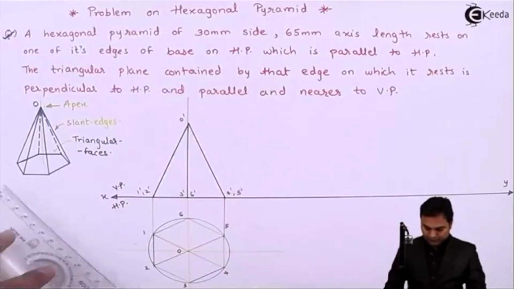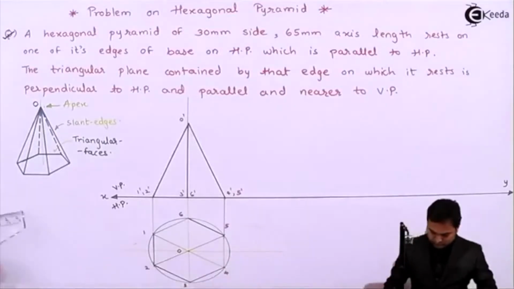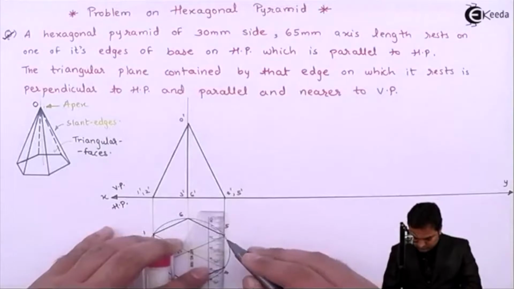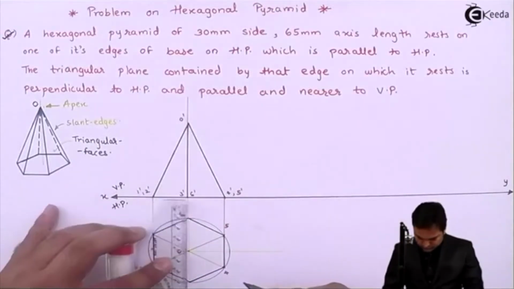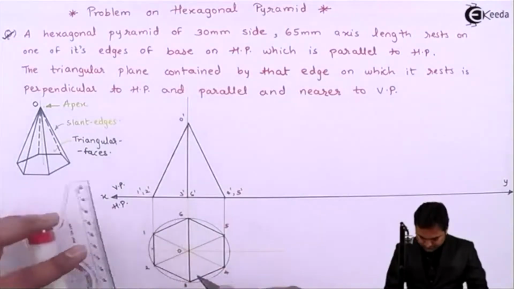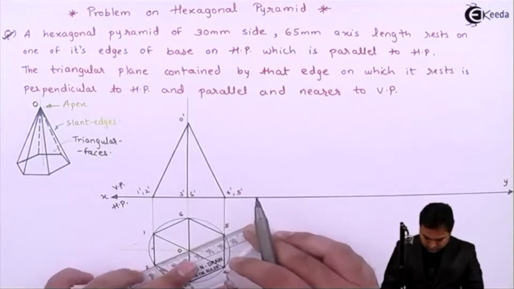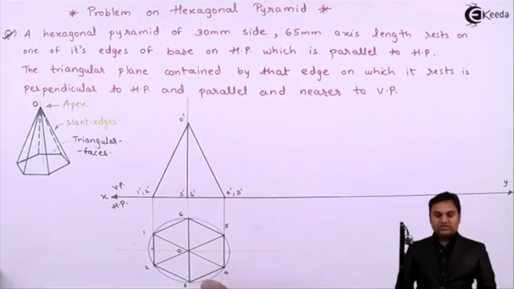Next in the top view, now this is the initial condition of the hexagonal pyramid.